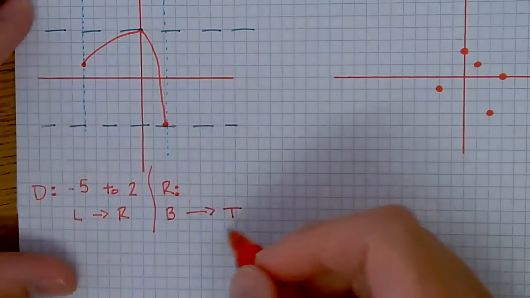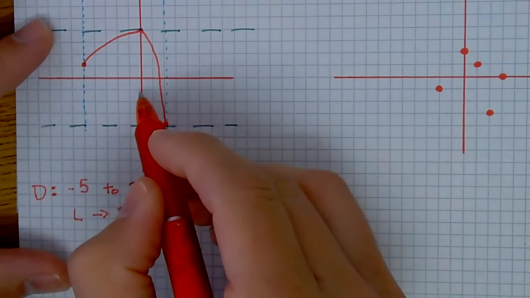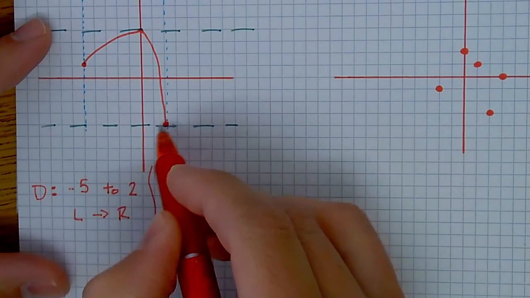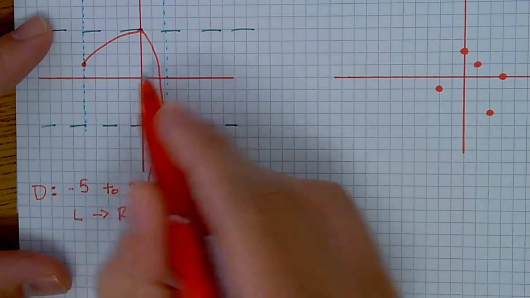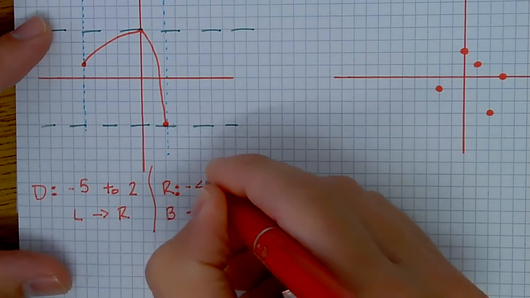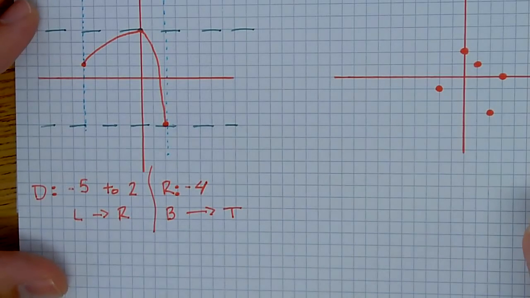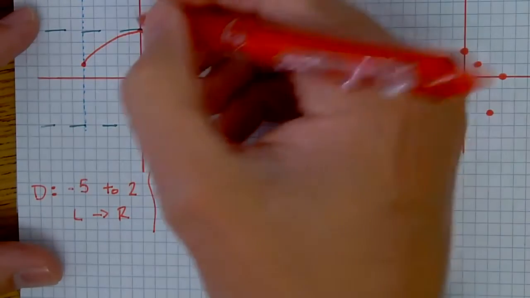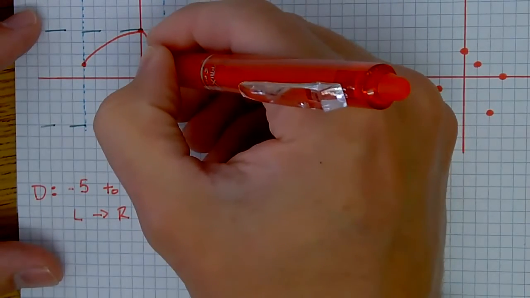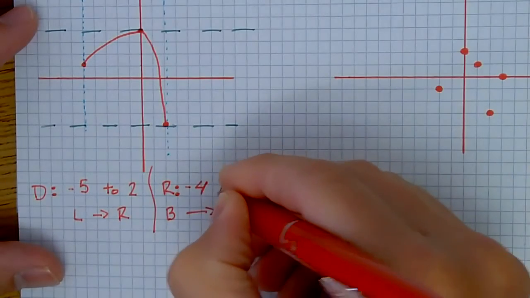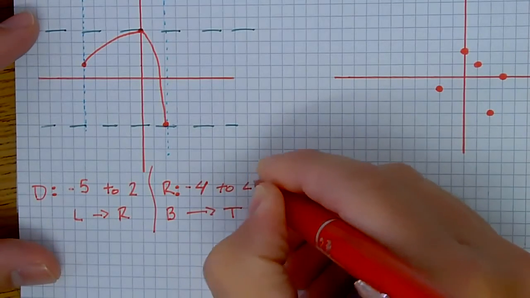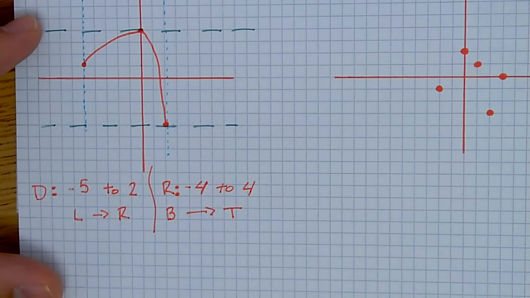So my lowest output is right here, which is at negative 1, 2, 3, 4. My highest output is here at positive 1, 2, 3, 4. So range goes from negative 4 to positive 4.